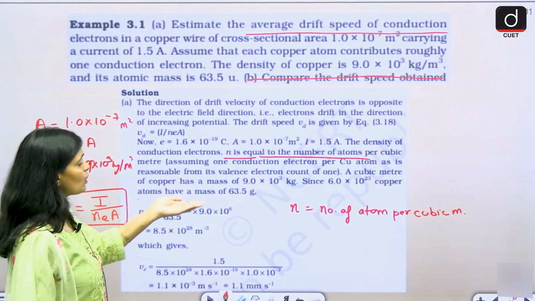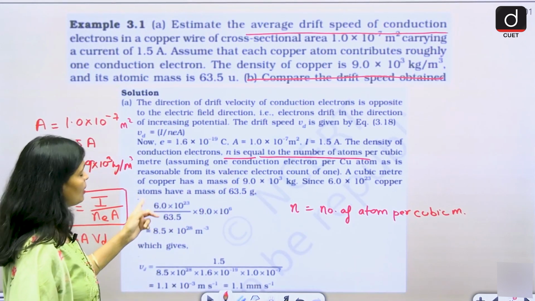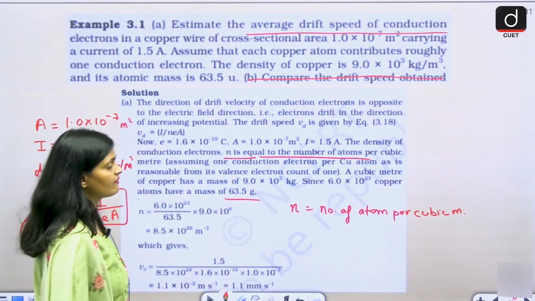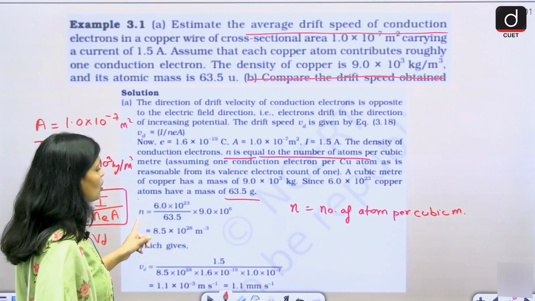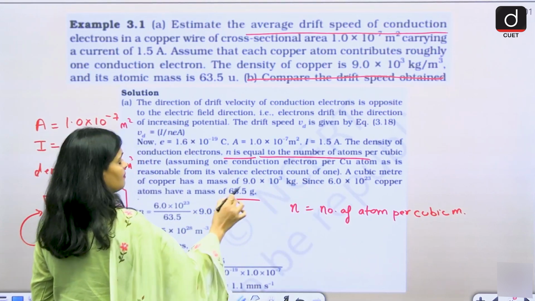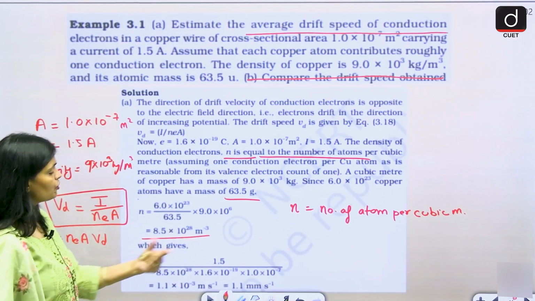A cubic meter of copper has this mass, and 6 into 10 to the power 23 copper atoms have a mass of 63.5 gram, which is given. So small n is this divided by this, multiplied by this. Ultimately small n you will get is 8.5 into 10 to the power 28.